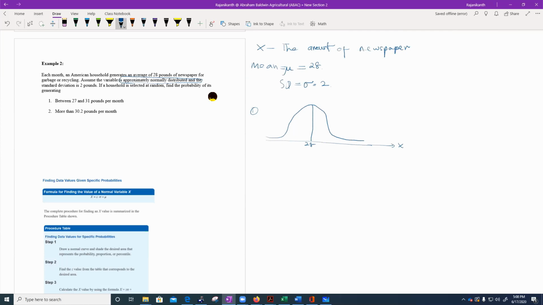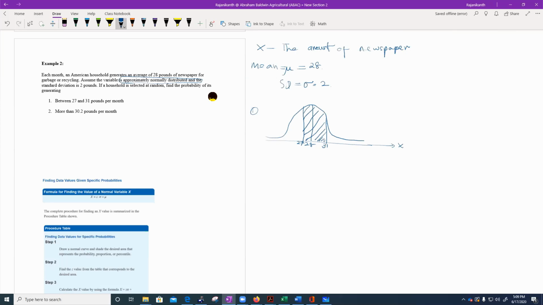So 28 is here, therefore 27 will be somewhere here. 31 should be to the right side of 28, so 31 should be here somewhere. Therefore, we need to find the area between 27 and 31. So this is the area we need, right?